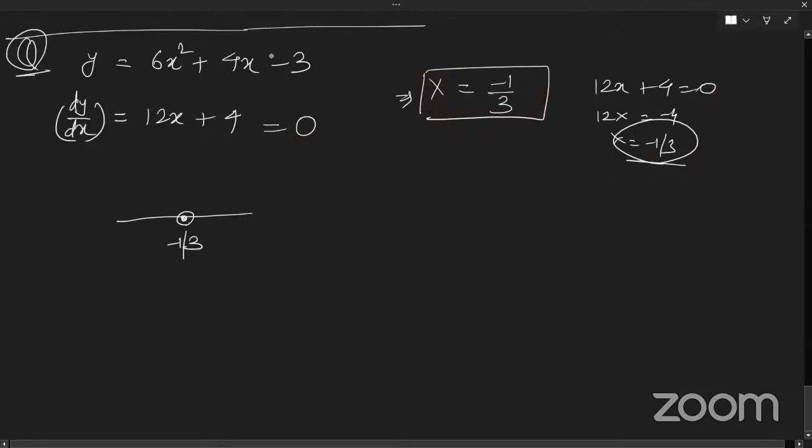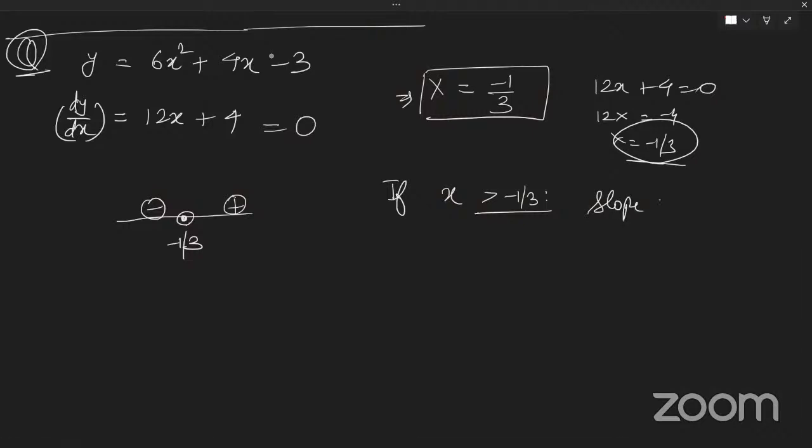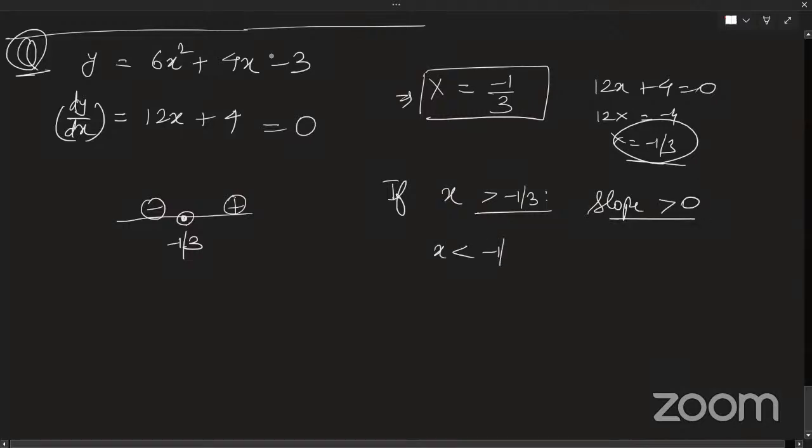Okay. So if I put a value greater than minus 1 by 3 in its slope, can I say that the slope will be positive and below this it will be negative? Can I say that? You can try and see also. If x is greater than minus 1 by 3, slope will be positive, and if x is less than minus 1 by 3, slope will be negative. You have the slope now, 12x plus 4.